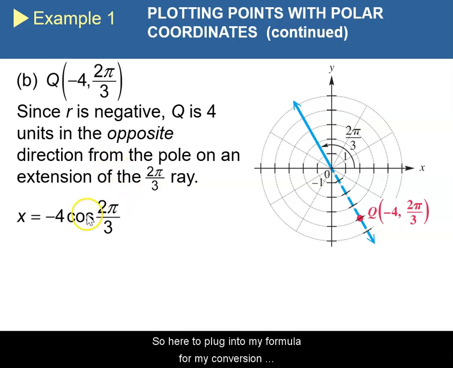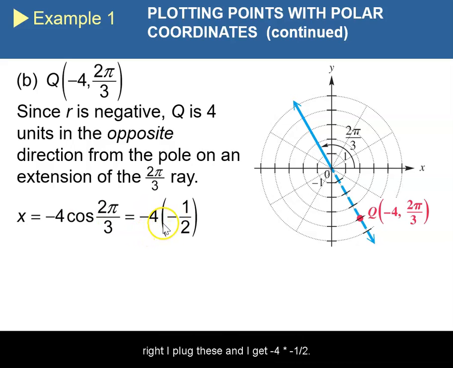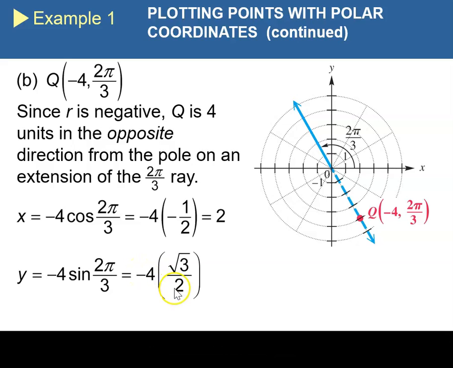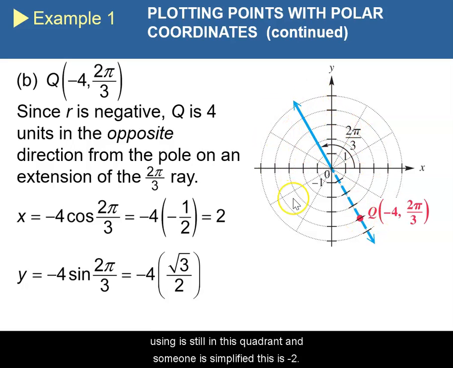Okay, so here to plug into my formula for my conversion, right? I plug these in, I get -4 times -1/2, so I get 2. For y, it'll be the same thing, -4 times negative root 3 over 2, right? Or positive root 3 over 2, I'm sorry. Because even though I'm over here, the angle that I'm using is still in this quadrant, right?